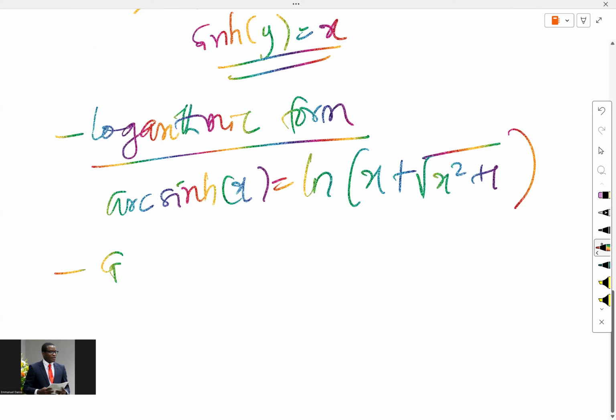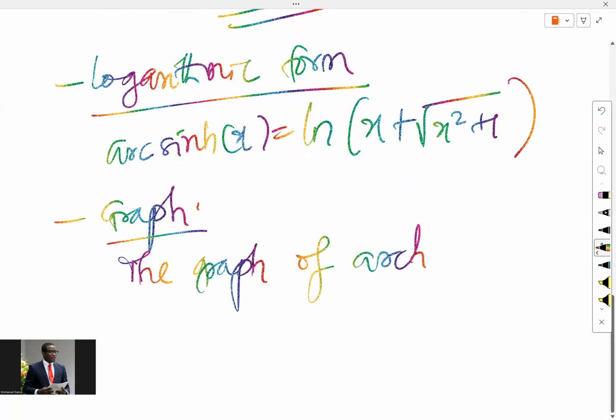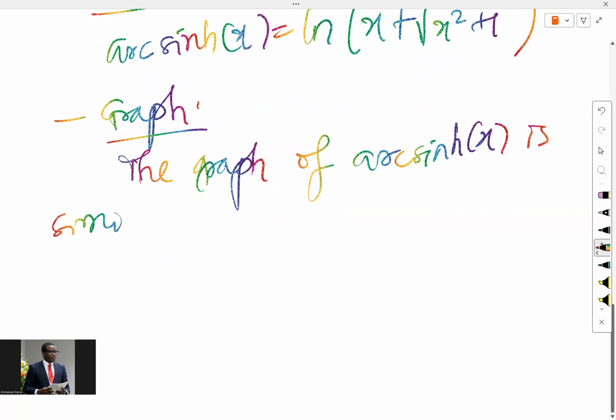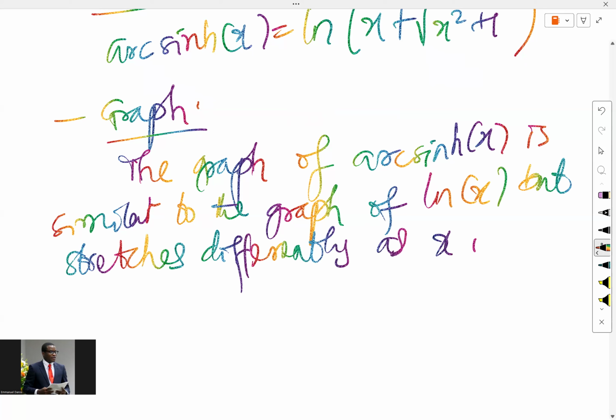And the graph, let's talk about the graph. Of course, in a moment, we are going to visualize that. The graph of arcsinh x is similar to the graph of ln x, but it stretches differently as x increases or decreases.